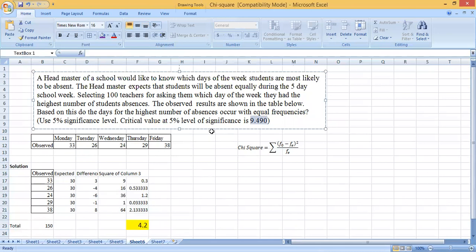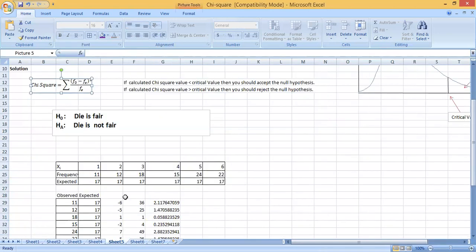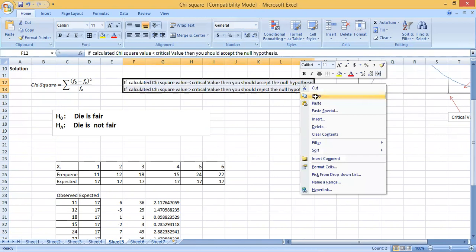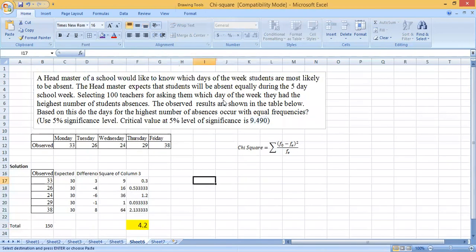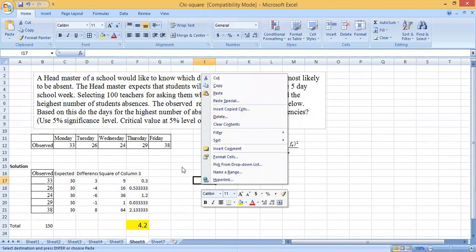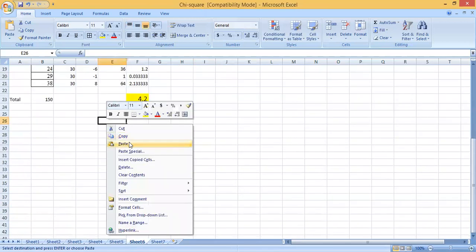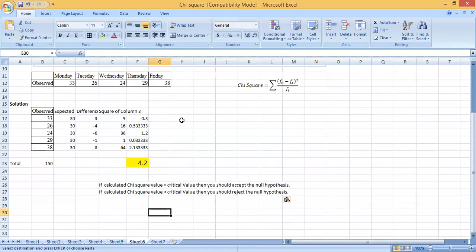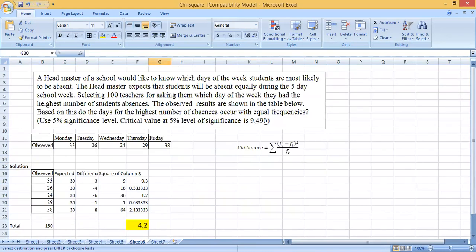So what should be the conclusion? If the calculated chi-square value is less than the critical value, then you should accept the null hypothesis. We should accept the null hypothesis, as 4.2 is less than 9.490.